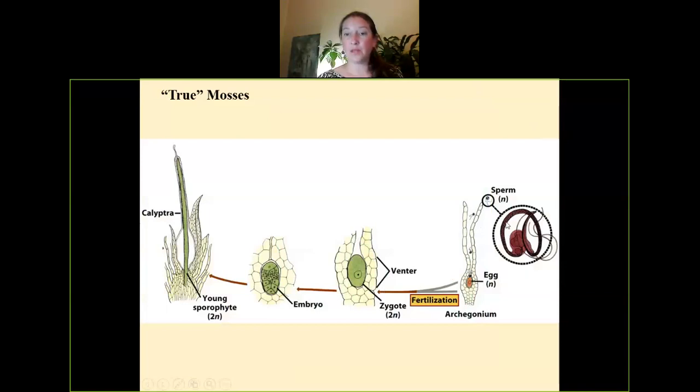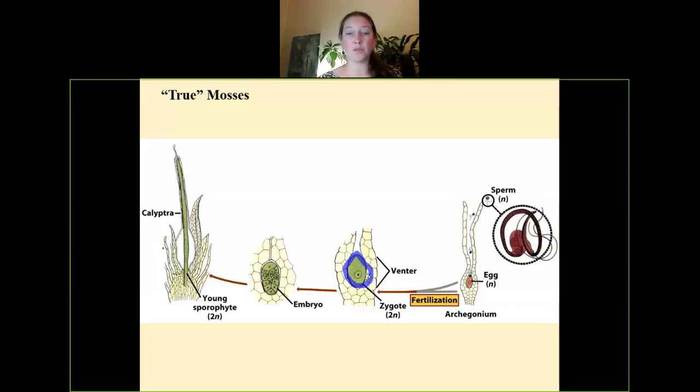Now, this is where we left off before, right? The sperm swam down the neck of the archegonium. It fertilized the egg, and that's when you have the process of fertilization occur. Once fertilization occurs, egg and sperm unite. Now you have this 2N zygote, which is the egg and sperm fused.